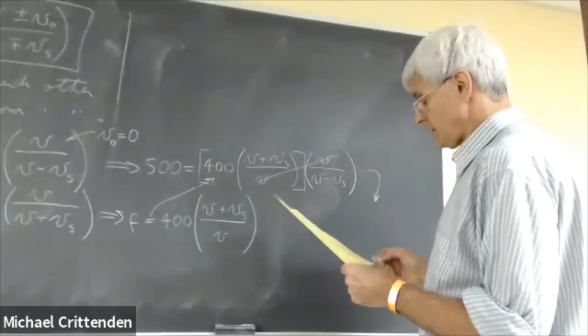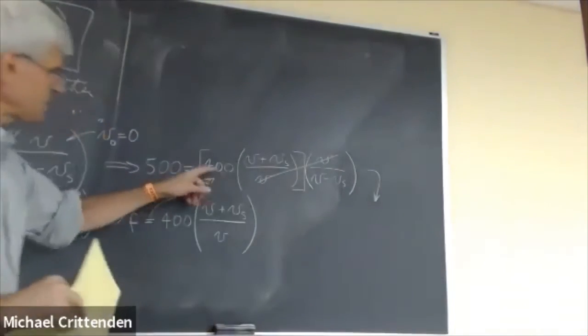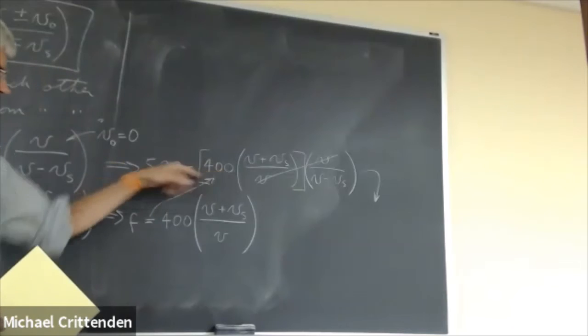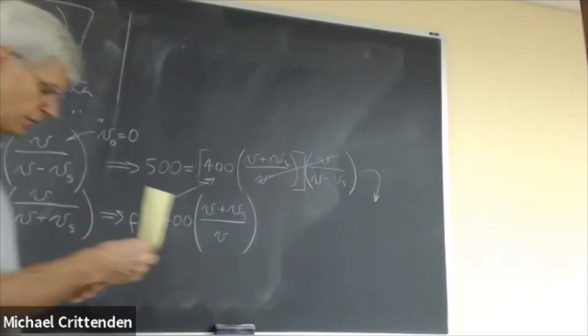And what I'm going to do next is combine these two constants. I'm going to divide both sides by 400, so I've got 500 over 400.